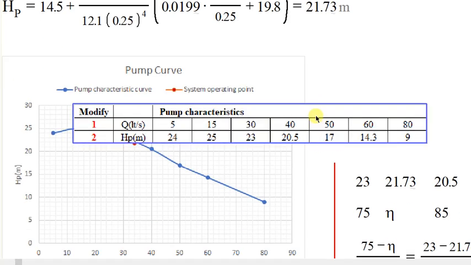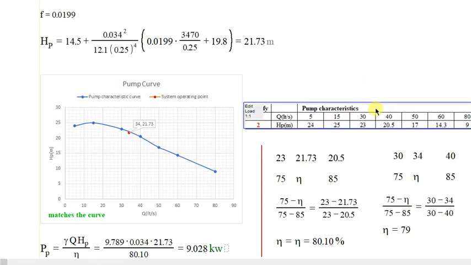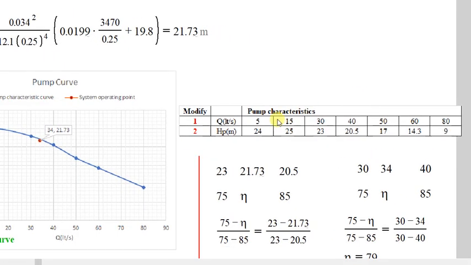It was modified with 2 for HP, which means 24, 25, and like that. We multiplied it with the first table. Okay, so this one, as I told you, yes, this one.